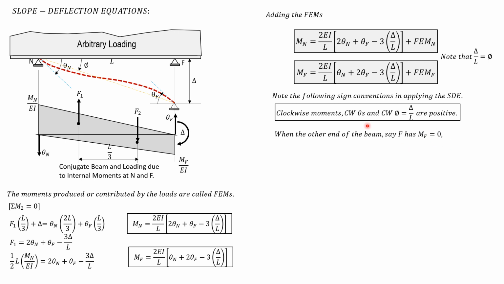There is also a case where the near end is 0. So for instance, the near end is a roller or pin support. For that case, let us say it's M_f that is 0.